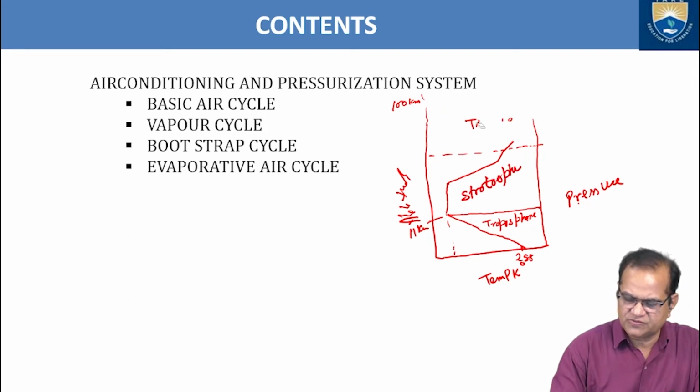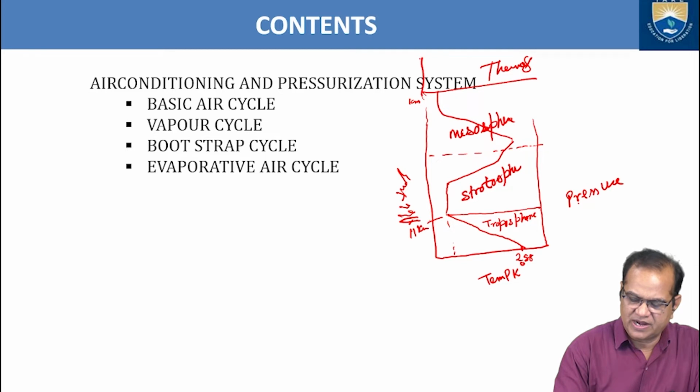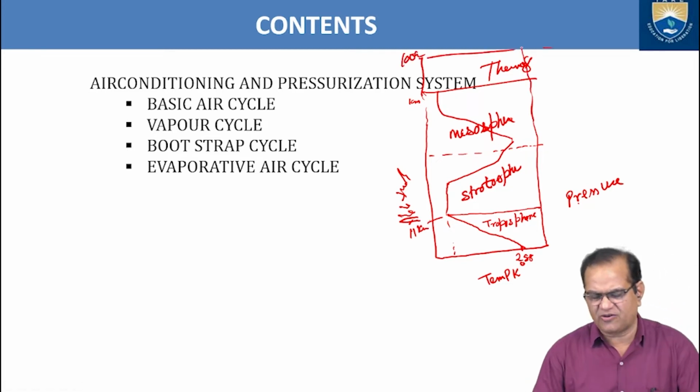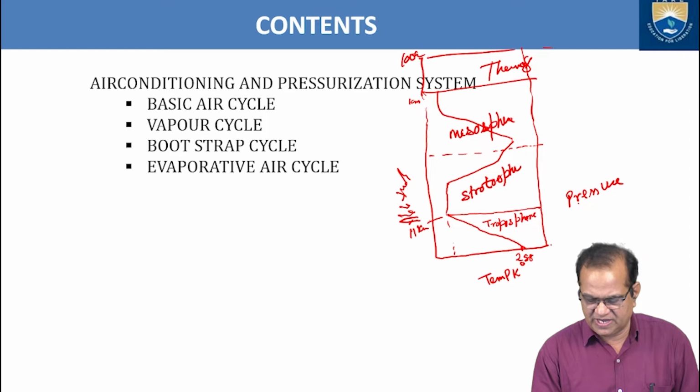Then we have the mesosphere, and then here we have the thermosphere, and this is somewhere around 100 kilometer. So it is just a rough sketch I have drawn. It is not exact, but I want to explain how, if it is here 100 or 1000, it goes to 100, then it goes to 1.